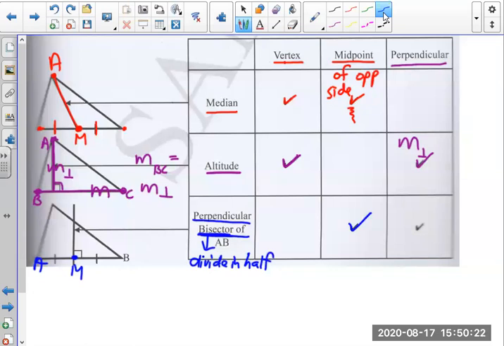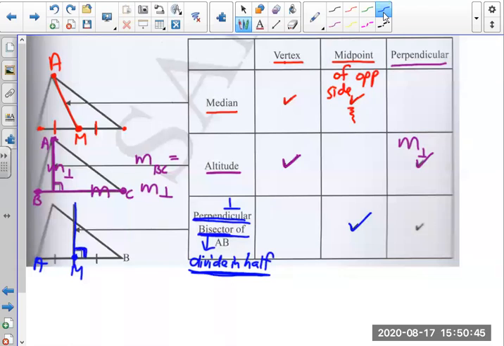And what does perpendicular mean? Perpendicular means perpendicular. So through the midpoint, where you divided the line in half, you must get a line perpendicular to AB.